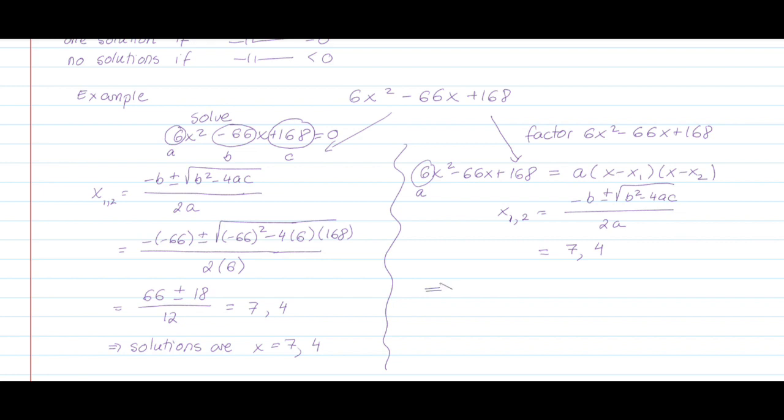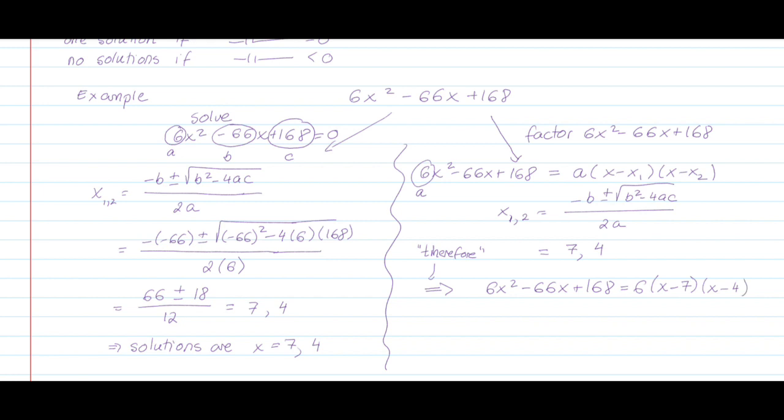And so therefore, I can conclude that 6x squared minus 66x plus 168 is equal to a, which is 6, times x minus the first root, doesn't matter which order I take them in, so x minus 7 times x minus the second root, which is 4.